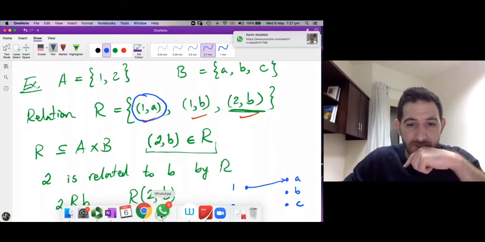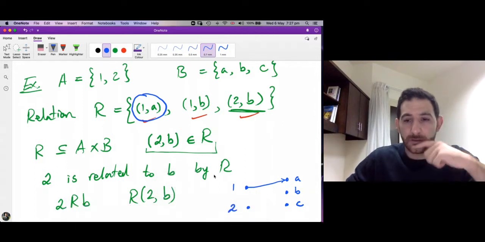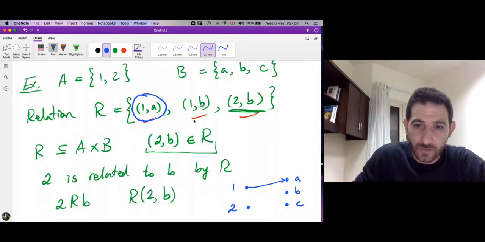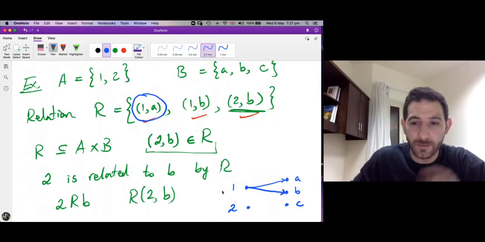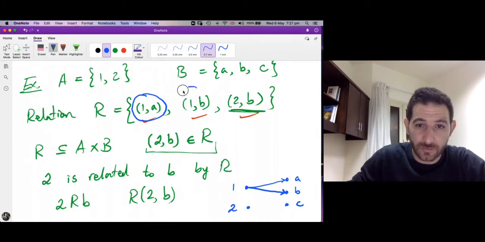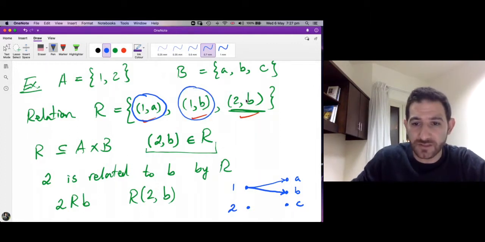Okay, and now what is the second one? The second one is 1 is related to B, so we can use an arrow here to show that 1 is related to B, and the third pair is 2 is related to B.